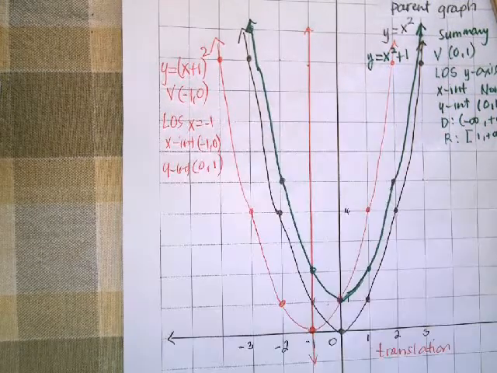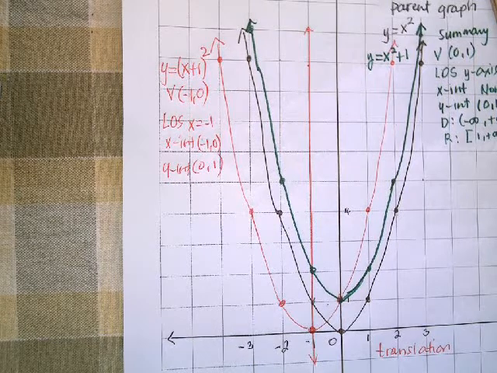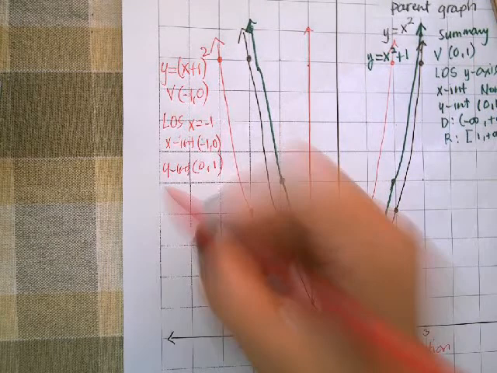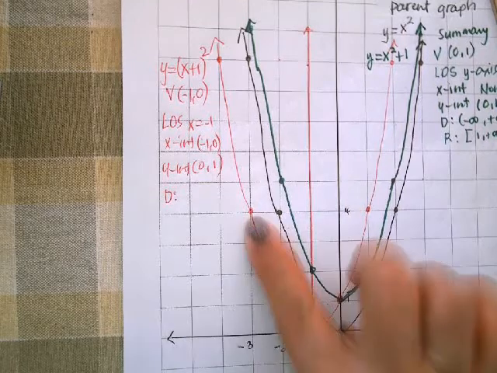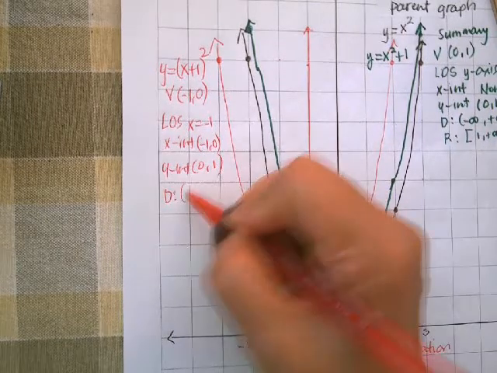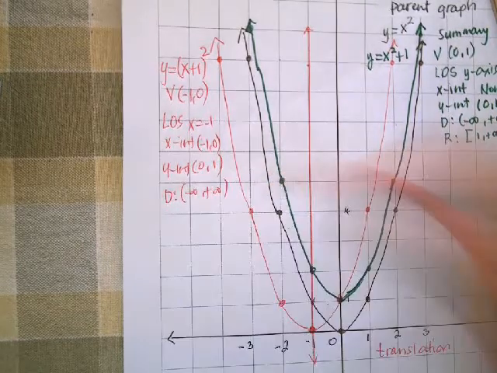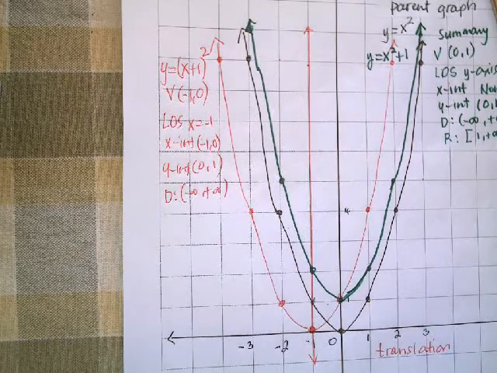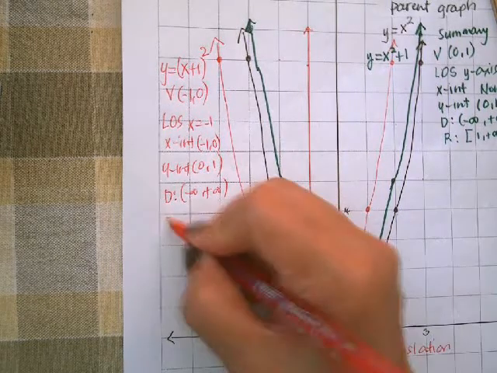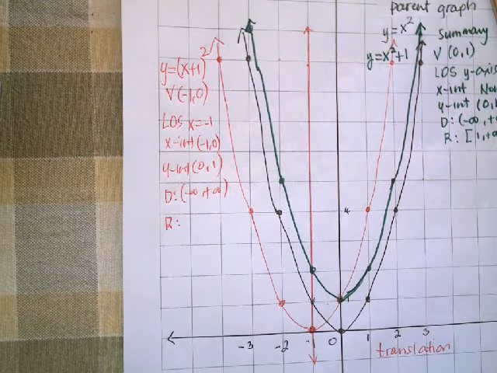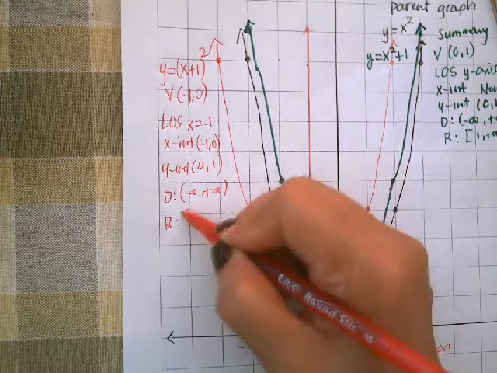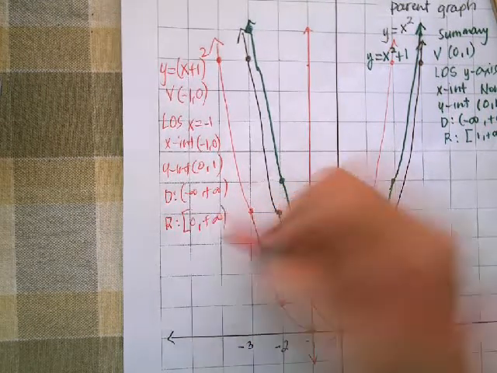The y-intercept is 0, 1. What else do we get? Domain. It's left and right, so it's negative infinity to positive infinity, all real numbers. And what is your range? 0 to positive infinity.